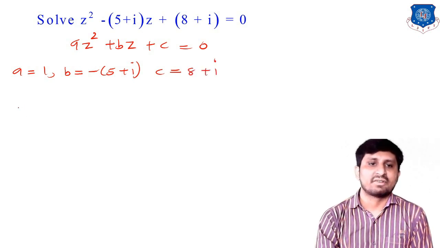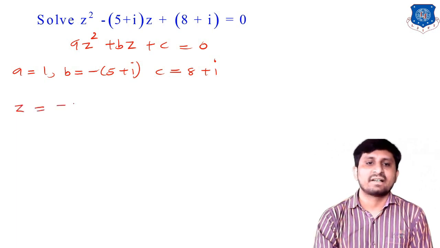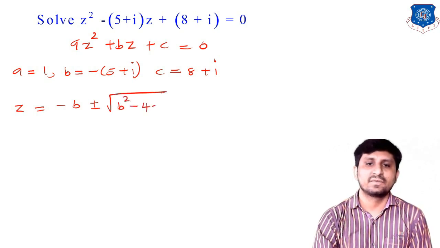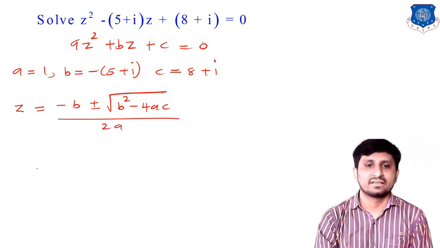So first of all, the value of z we can write as minus b plus or minus square root of b square minus 4ac, divided by 2a. We know this formula, so put in the values of a, b, c.